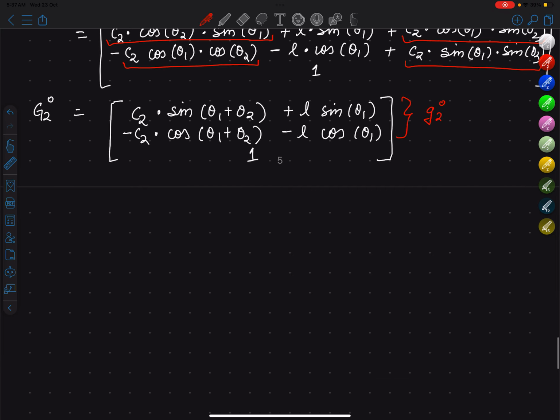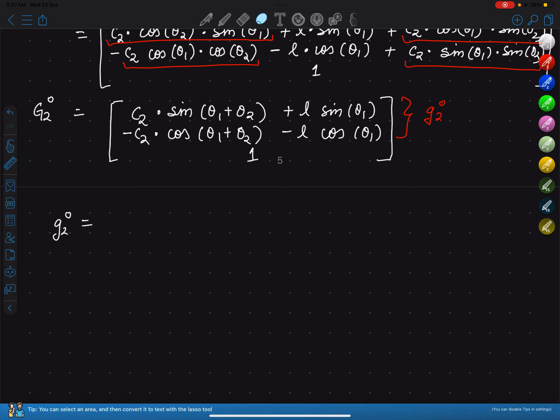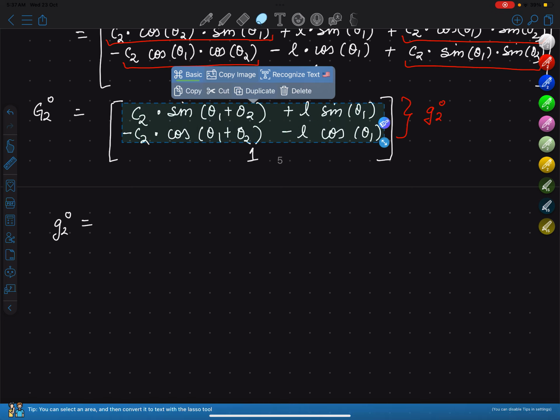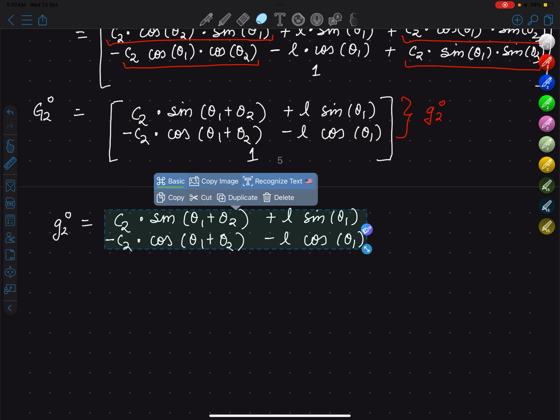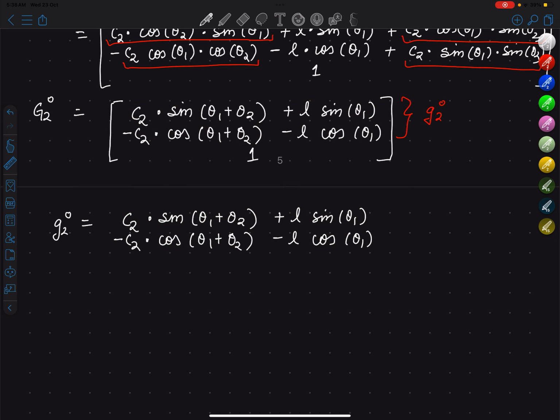Alright, so we now know G20. G20 equals, let's copy this part, duplicate this value, right? And we know JG2 equals del G20 by del Q.